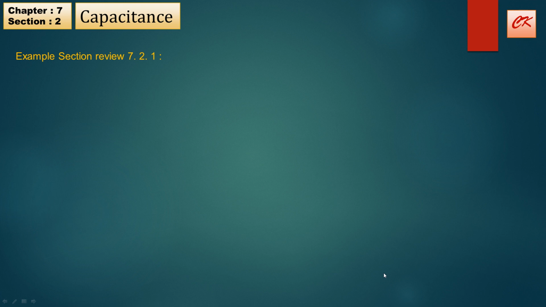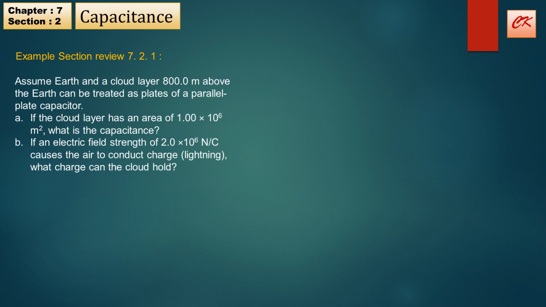Another question, that's from the section review. It says assume Earth and a cloud layer 800 meters above the Earth can be treated as the plates of a parallel plate capacitor. You know, Earth is negatively charged and some clouds, when they come over Earth, charge positively, and then the Earth and clouds behave as a capacitor.